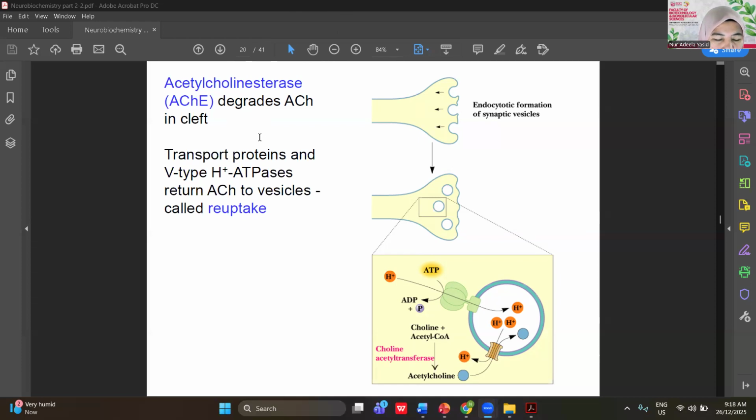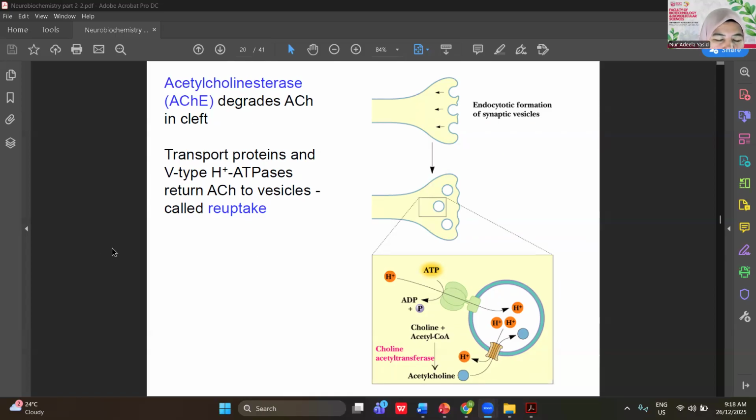Choline is going to be reuptaken by the transport protein, and also V-type proton ATPase is going to return the acetylcholine to vesicles. So this transport protein basically helps in recycling choline back into the presynaptic terminal.